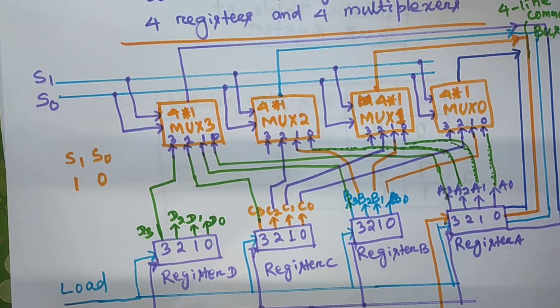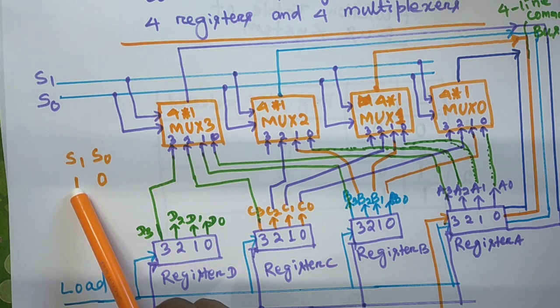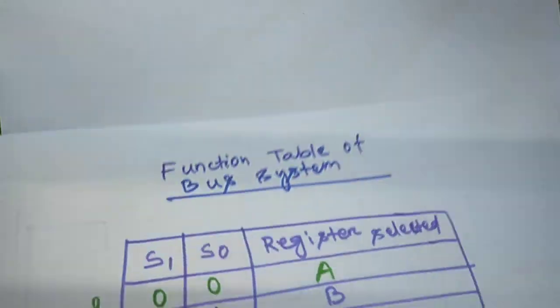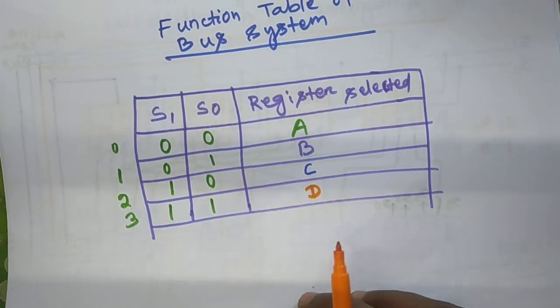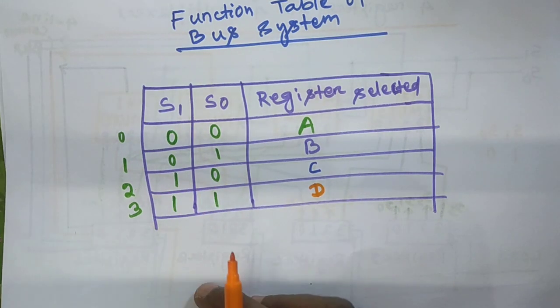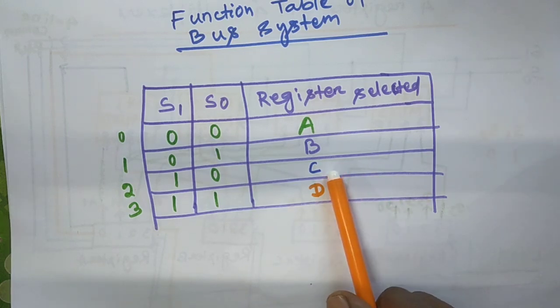Okay, so you see whenever S0 is 0, S1 is 1, means 1 0 means the value 2. As per this table I can show you like this. Suppose S0 is 0 and S1 is 1, 1 0 value. If 1 0 value, then the C register will be considered.